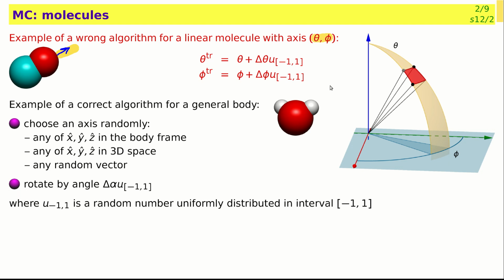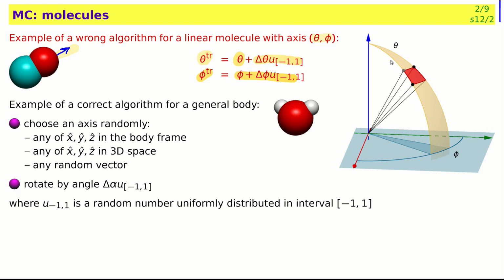One can expect that a Monte Carlo step would be easy. For example, that we add a random number in a certain range, symmetrically distributed, to the theta angle, and to the phi angle we do the same. But this is wrong. And why it's wrong?